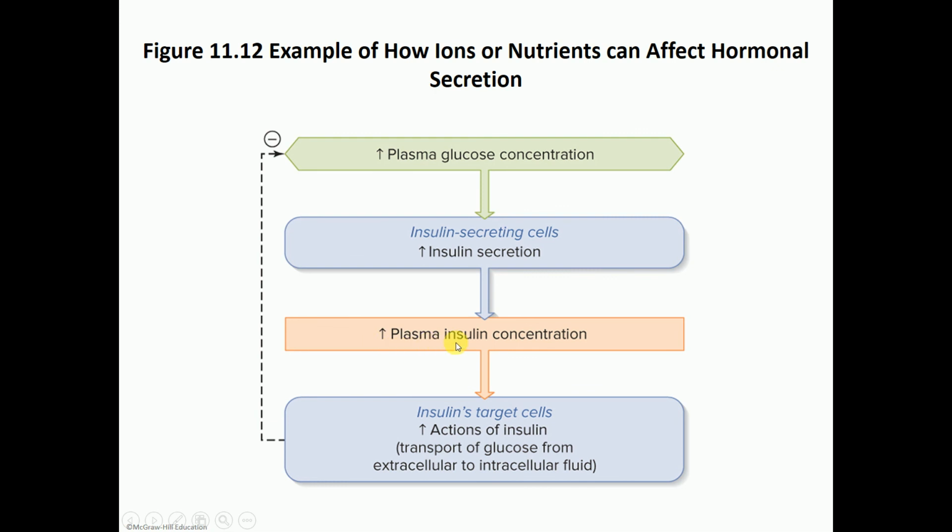Plasma insulin concentrations go up, and the insulin will reach its target cells and increase the glucose uptake by these cells. So the glucose goes from extracellular to the intracellular fluid, and that will decrease or bring back the plasma glucose levels back to normal. So again, by negative feedback.